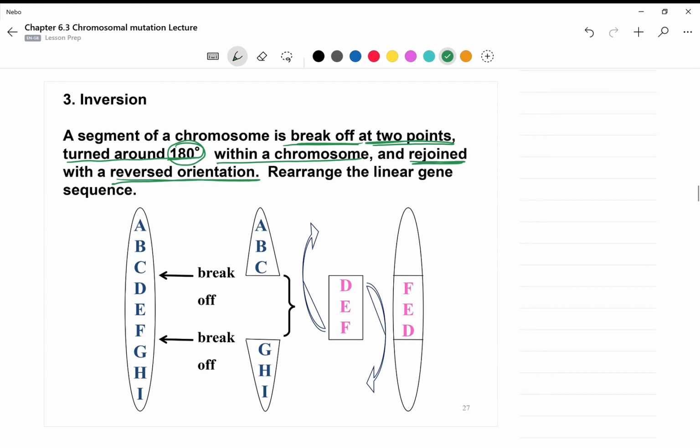In our example here, it breaks off in between C and D as well as in between F and G. The segment that contains DEF will reverse by 180 degrees, so now we have FED. The segment that contains FED will rejoin the chromosome in that particular order. So now we have ABC, FED, GHI.